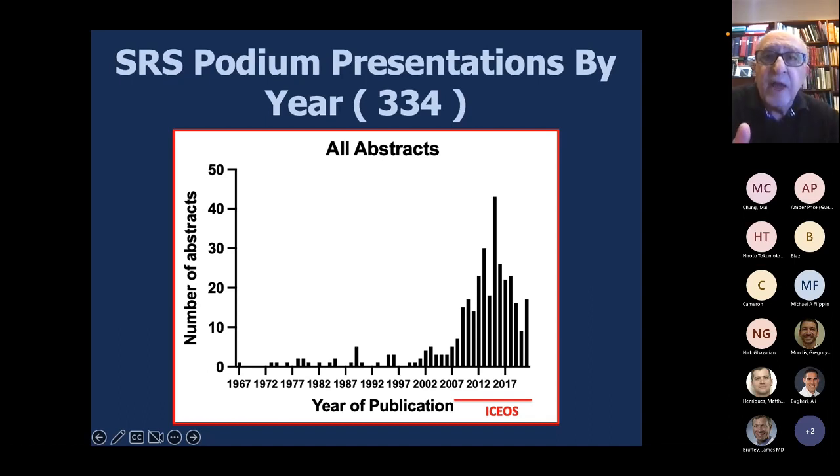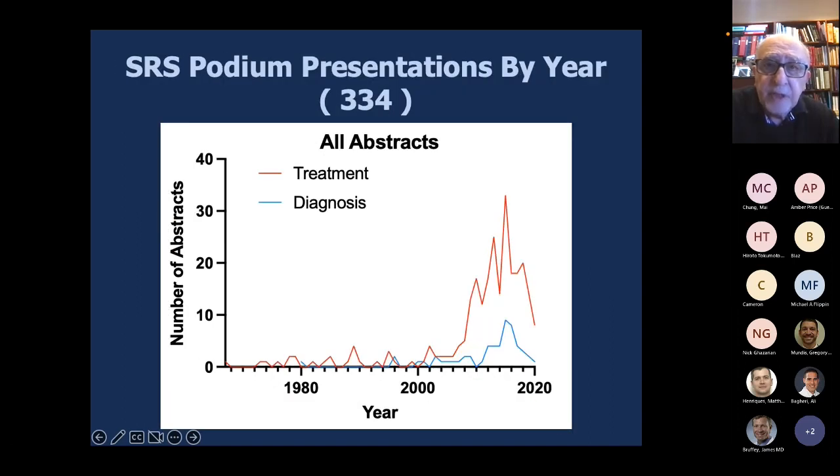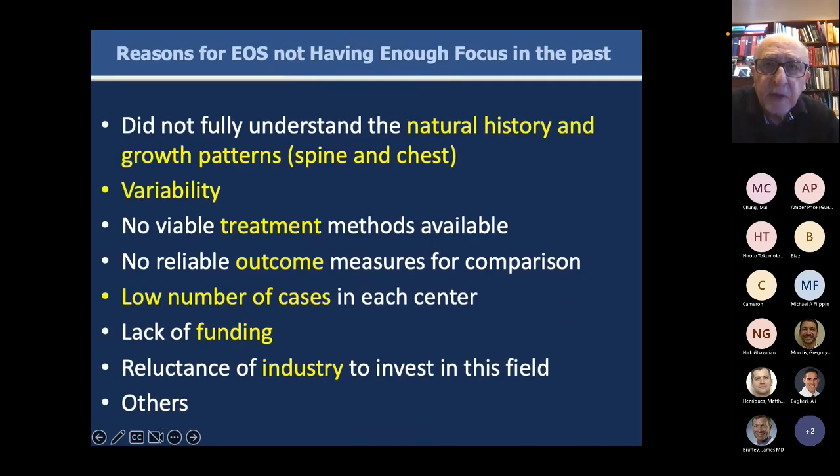And that really coincided with the establishment of ICEOS, where we are just focusing on early onset scoliosis. So it was all in recent years. When you look at the type of topics, there were more on the treatment, because that was the area where we really didn't know what to do, and less on the etiology and the diagnosis.